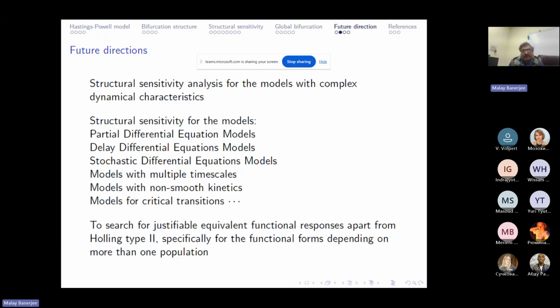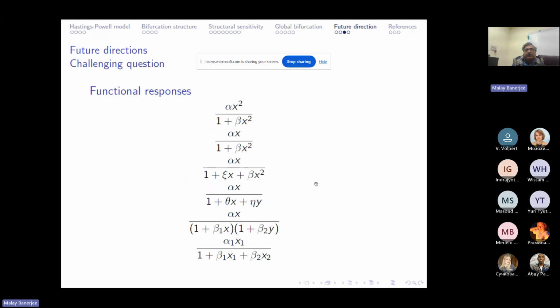Now, the problem with which I started thinking during the last couple of months is that, instead of Holling type 2 functional response, if I wish to consider Holling type 3 functional response, non-monotone functional response, Holling type 4 functional response, Beddington-DeAngelis functional response, and the Crowley-Martin functional response, as well as functional responses for 2 prey and 1 predator, what would be the equivalent choice, like the Ivlev functional response or the tanh functional response?